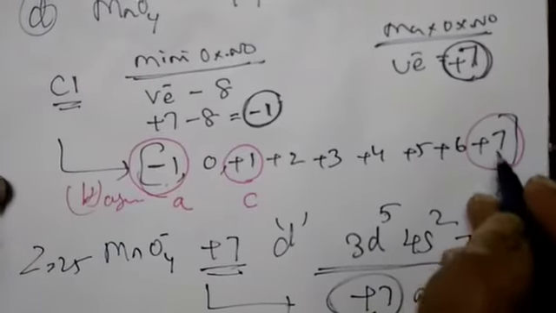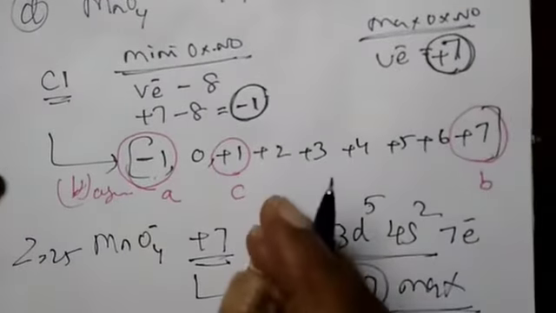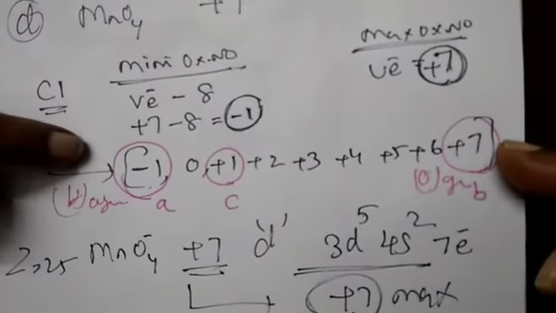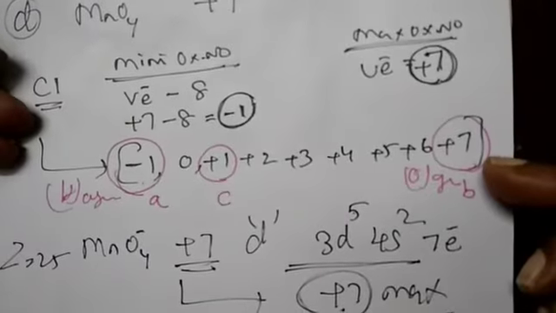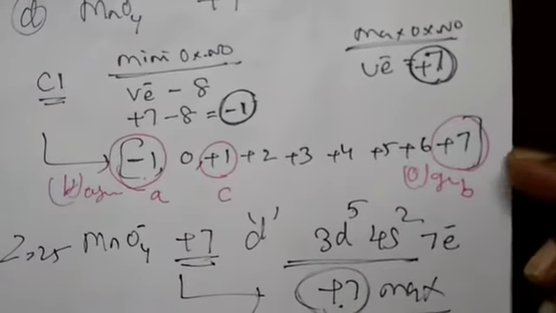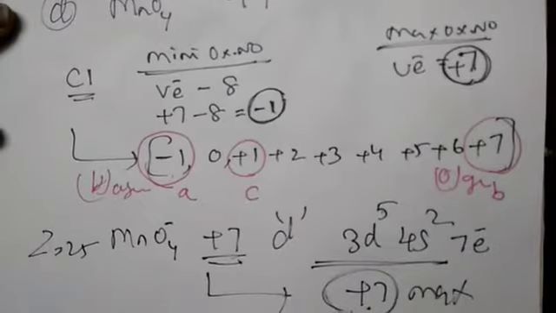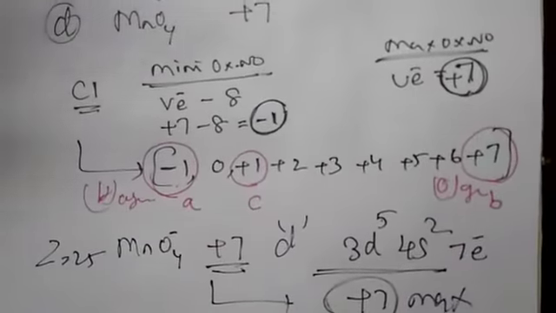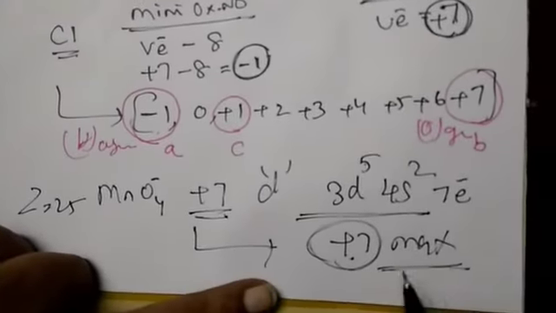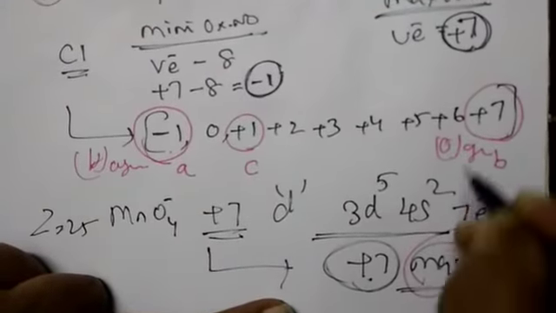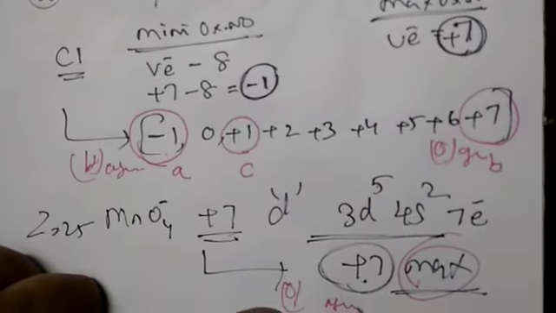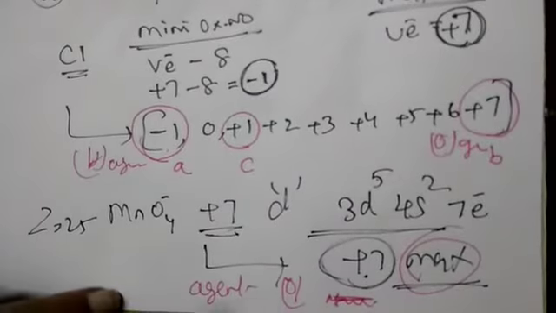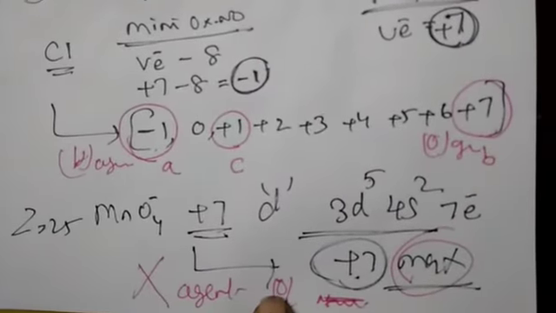If it is +7, its oxidation number is going to decrease, so it acts as an oxidizing agent. So at the minimum it cannot act as oxidizing, and at the maximum it cannot act as reducing. Maximum and minimum cannot work as dual. The same applies here: it is at the maximum, so it acts as an oxidizing agent only, not as a reducing agent.